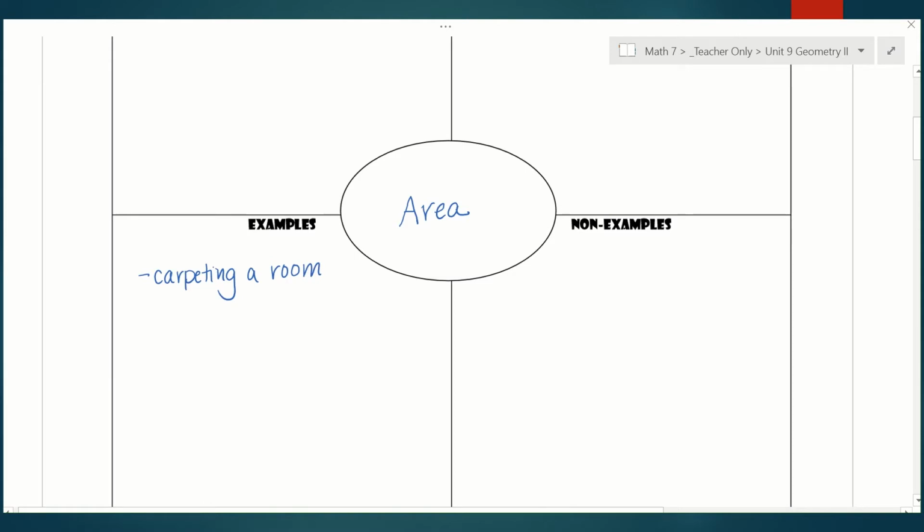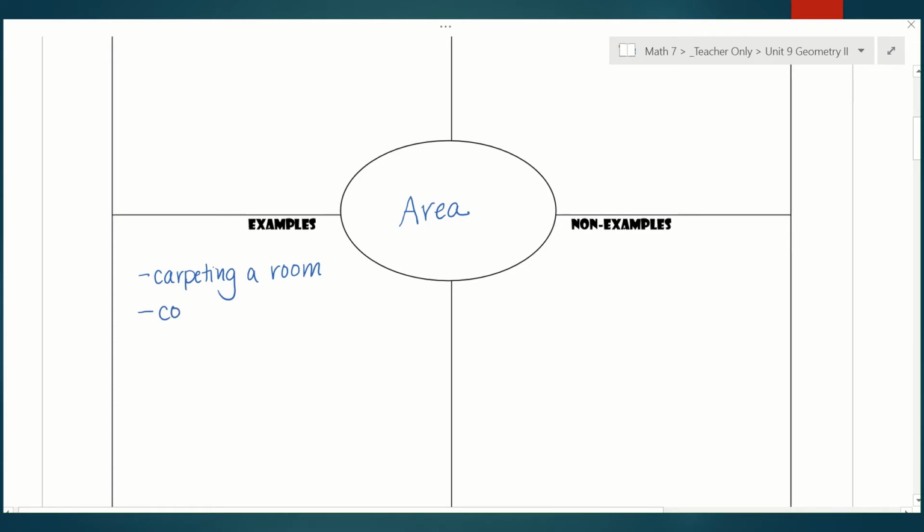Kind of similarly, if you are thinking about putting hardwood floors down or tiling down or any kind of flooring, that's all considered area because you're going to cover the floor. Another thing you could think of area like is if you have a pool and you are trying to cover your pool. So let's say you wanted to buy a pool cover. That's another great example of area because it's a flat surface that you're covering.